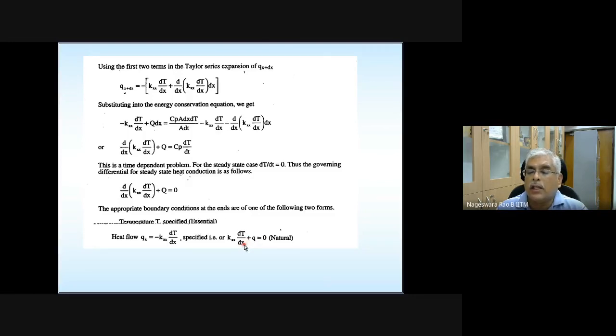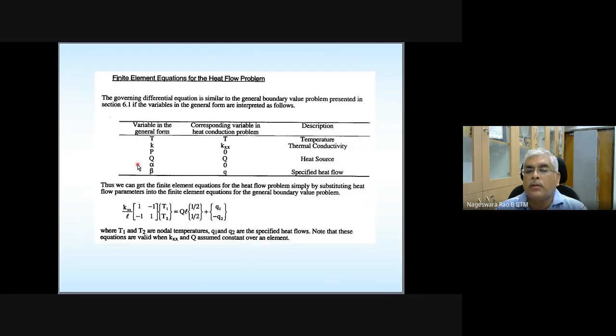If you do that kind of comparison and find the corresponding quantities, you already noted the element equations for a general one-dimensional boundary value problem. In that, you substitute all the quantities, then you get the element equations.